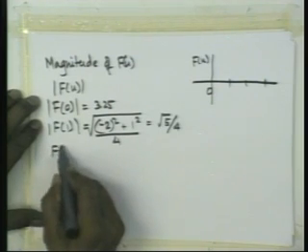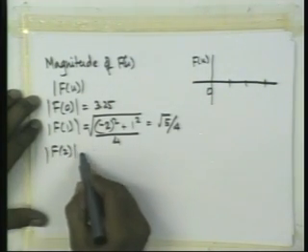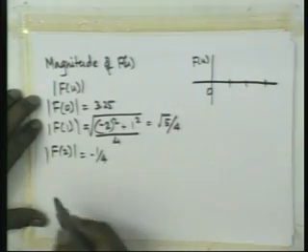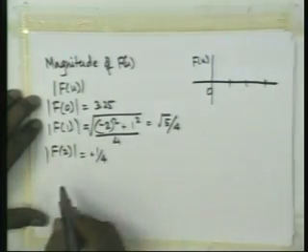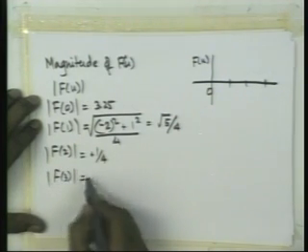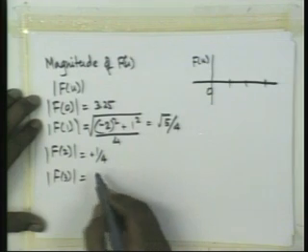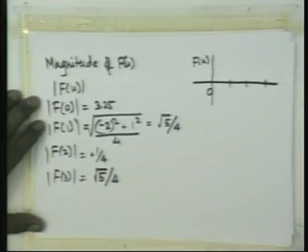And likewise I have F2, which is nothing but minus 1 by 4, and the magnitude is going to be plus 1 by 4, because we are taking the absolute value, and F3 is going to have the same magnitude again, square root of 5 over 4.